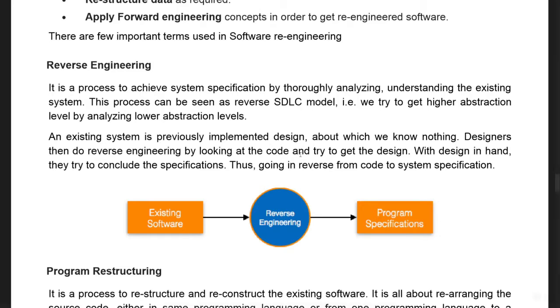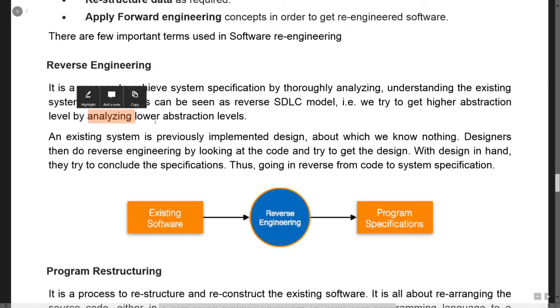So this process can be seen as reverse SDLC model. We try to get higher abstraction level by analyzing lower abstraction levels. An existing system is previously implemented, designed, about which we know nothing. Designers then do reverse engineering by looking at the code and try to get the design.